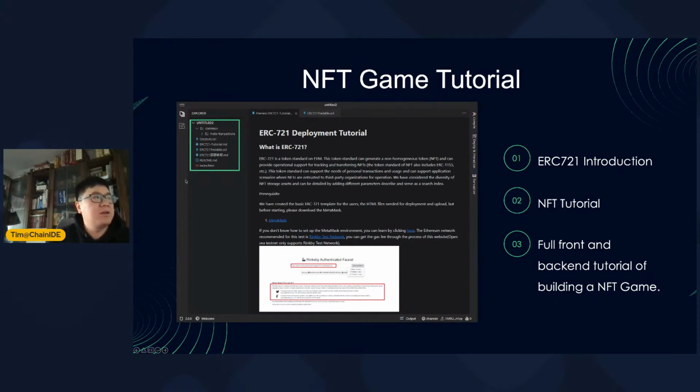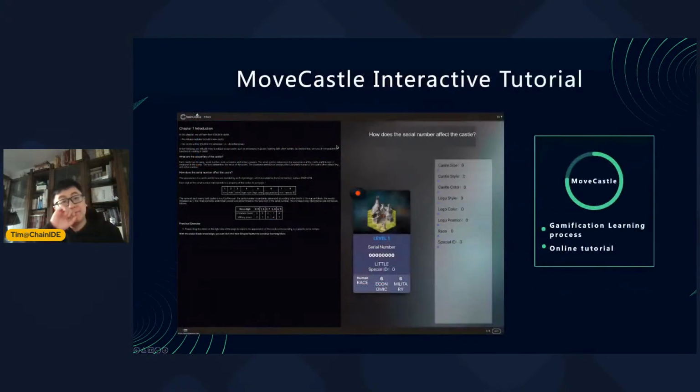On the left side you can see all the pre-generated files in this project generated by the template: the contract itself, the tutorial, the README, and also the front end. You can just follow the steps to start your NFT game creation and development.